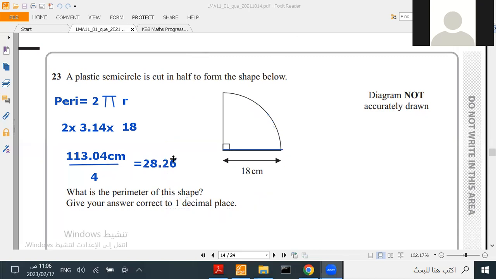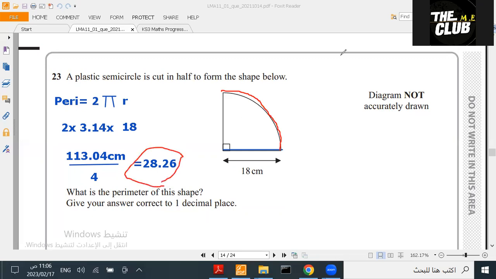This is the circumference of the quarter of a circle, from this point to this point. It's called the arc. This is the arc only.